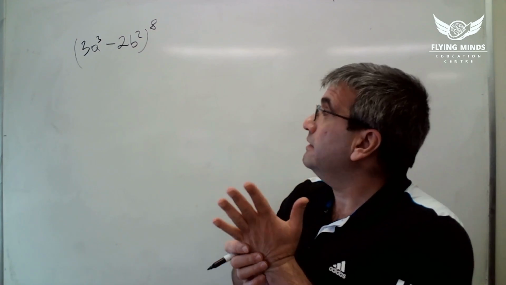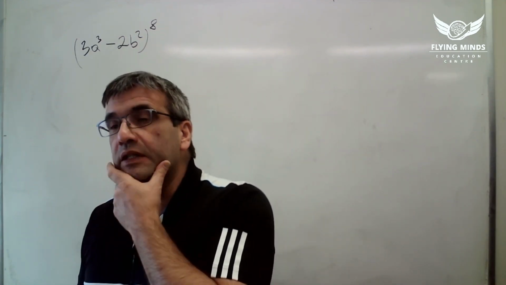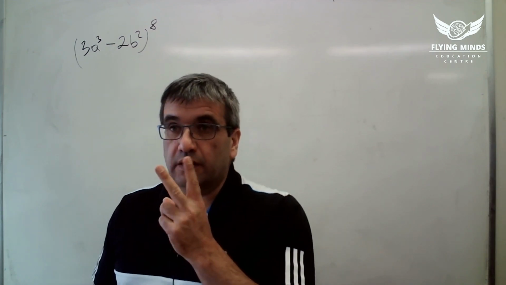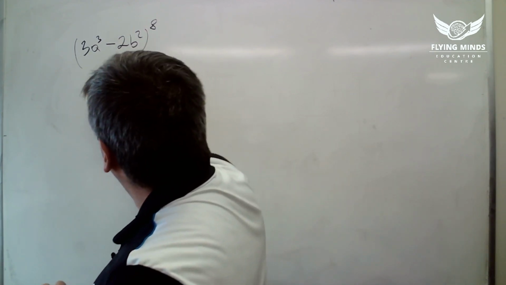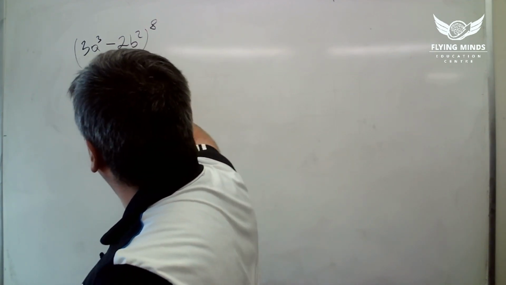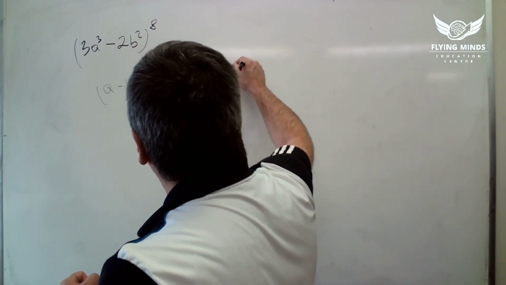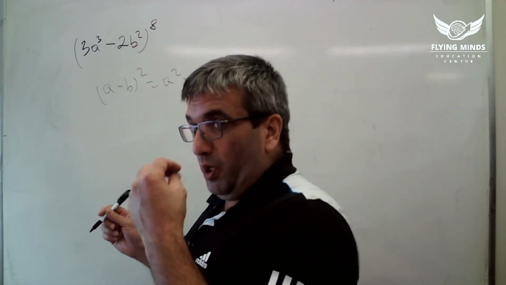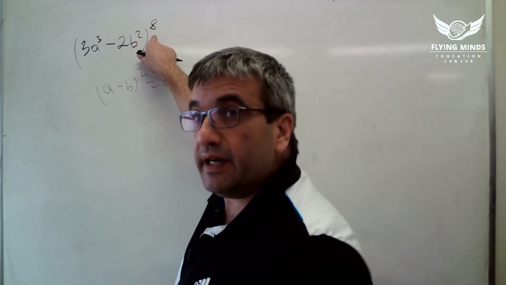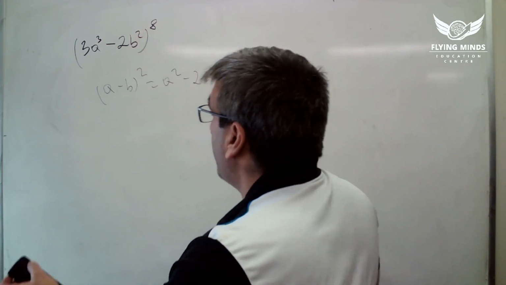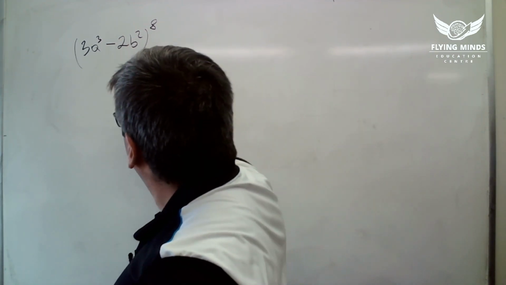If we have a quadratic, how many terms are there? 3. If you take (a minus b) squared and expand, it will be a squared minus 2ab plus b squared. So we always have one more term than our exponent. So it'll be 9.